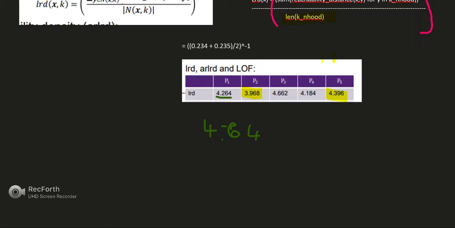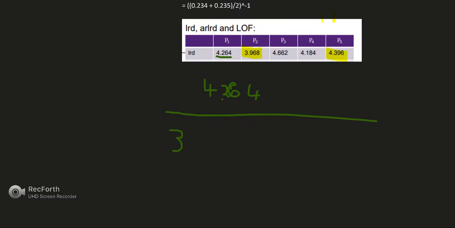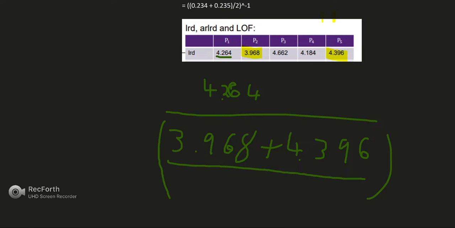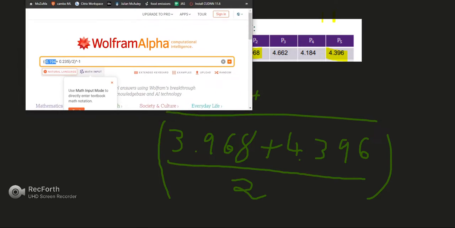It's going to be 4.264 divided by 3.968 plus 4.396. Now remember that you have to divide this whole thing by the length of the neighborhood, which equals 2.